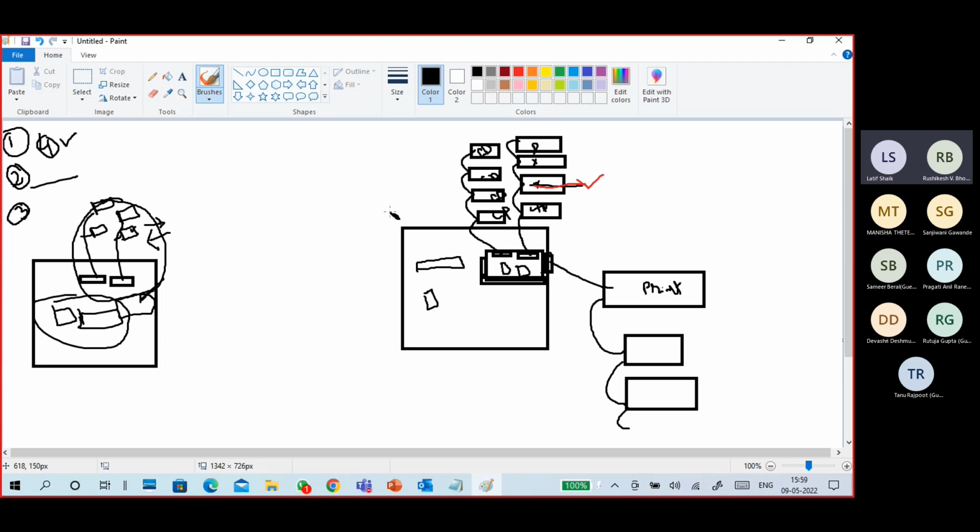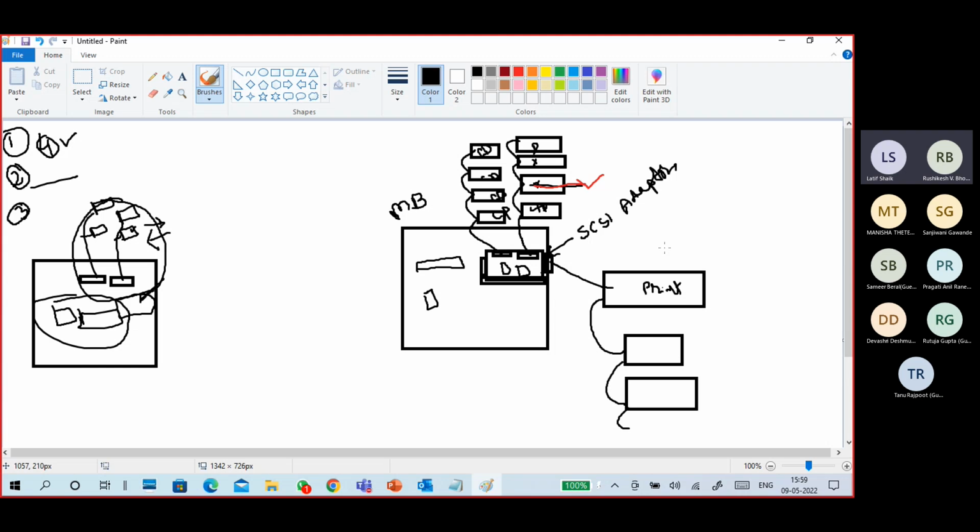We have our own motherboard and a SCSI adapter.